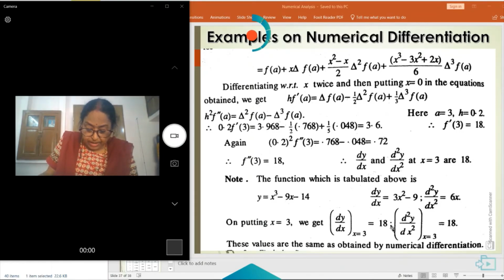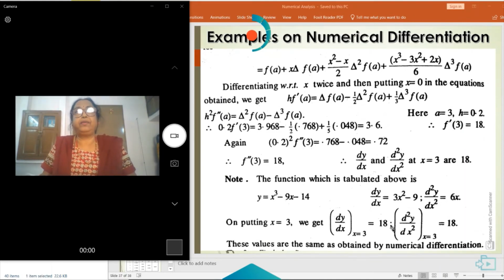Now, differentiating this with respect to x, we can write it as h into f dash (a plus xh) is equal to delta fa plus (2x minus 1) by 2 delta square fa plus (3x square minus 6x plus 2) by 6 into delta cube fa and so on.